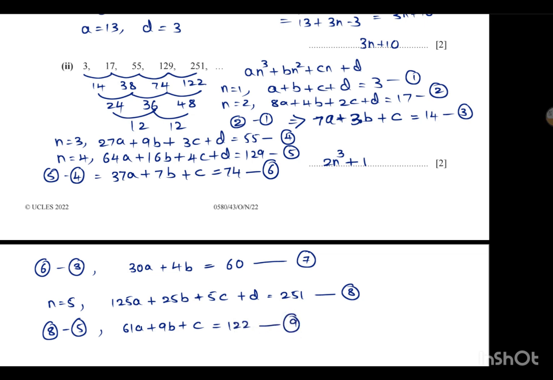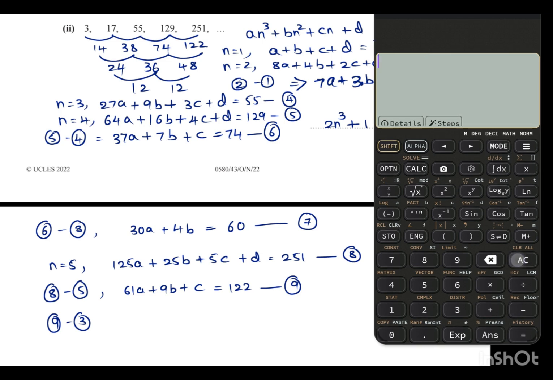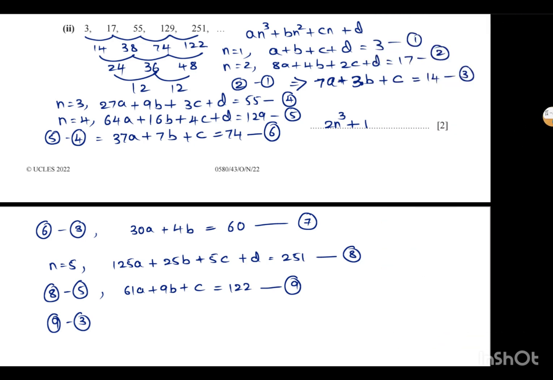Now we have an equation with a, b, c again. So let us again subtract any one of the equations. Let me do 9 minus 3. So 61 minus 7 is how much? 54.